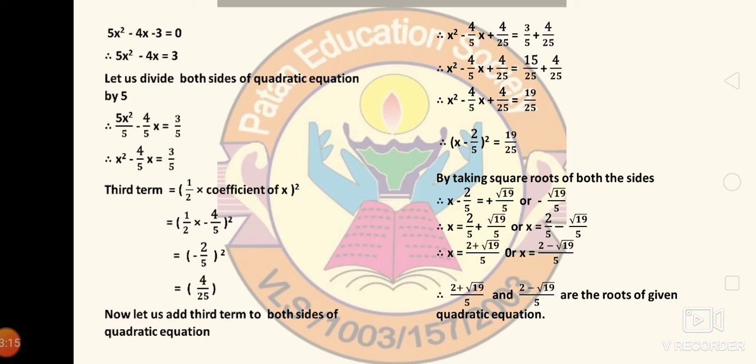So x square will remain as it is, minus 4 upon 5 x will remain as it is, plus 4 upon 25, that is the third term you have to add to both the sides. So 4 upon 25 is equal to 3 upon 5, plus again you have to add the third term to the right hand side also, that is plus 4 upon 25.